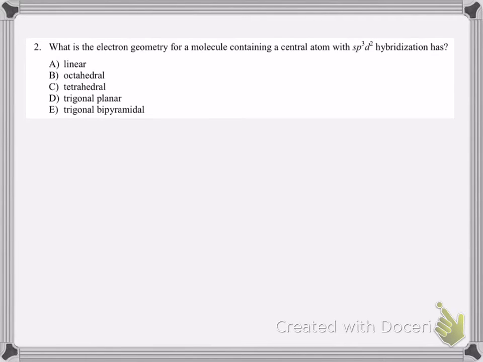Okay, this is question number 2. What is the electron geometry of the central atom with sp3d2 hybridization? What that means is the s gives 1 orbital, p3 means 3 orbitals, and the d orbitals give 2 because of the d2.